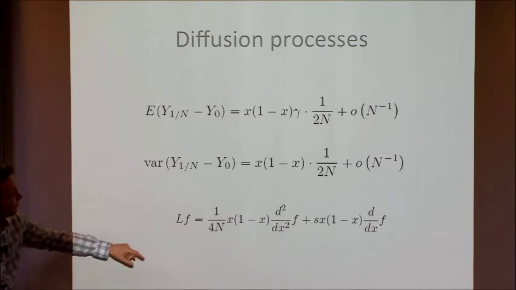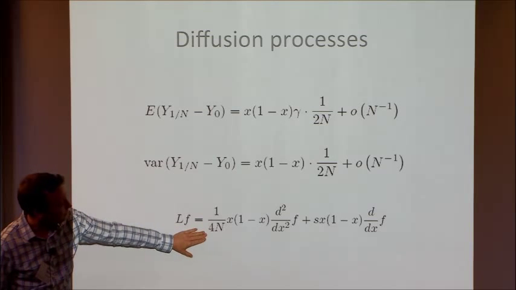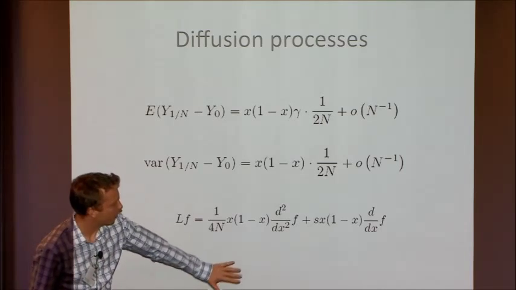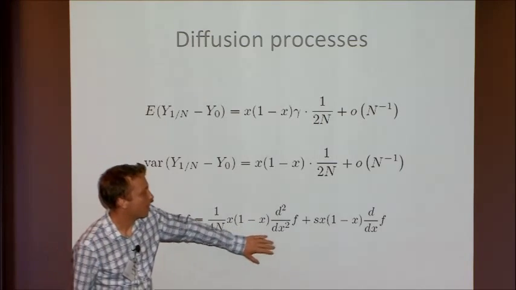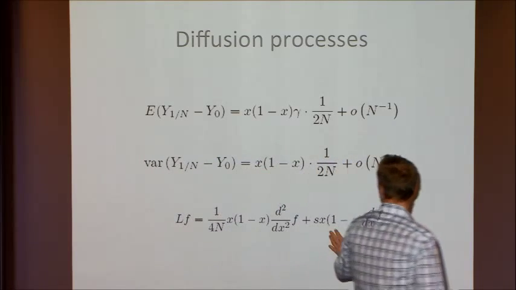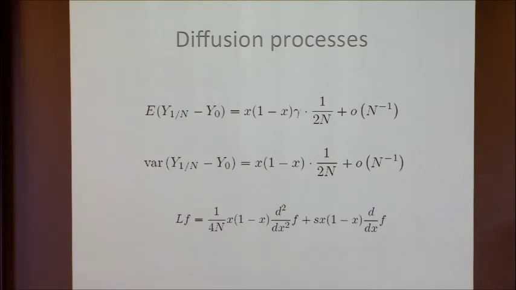And from that we can then derive this diffusion process, where we'll have a term that has to do with the variance, and a term that has to do with the bias in the process, the selection here. And from that, what Steve was telling you about was that there are a lot of things we could do.